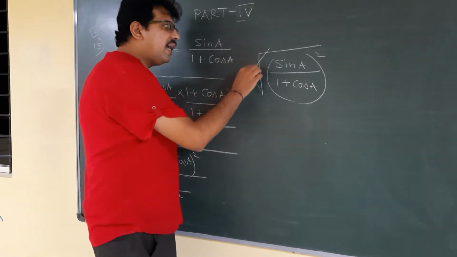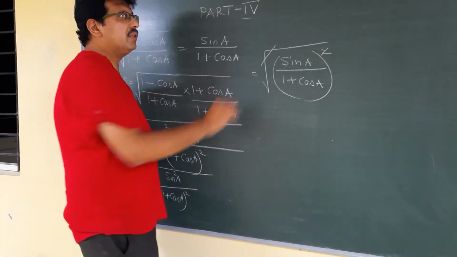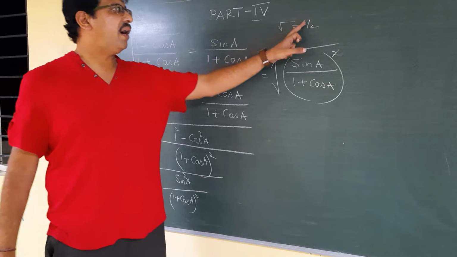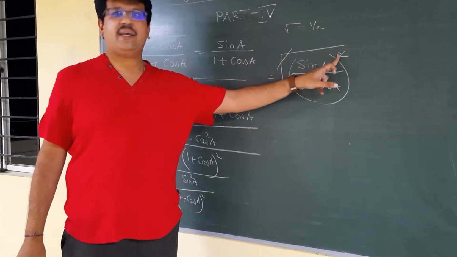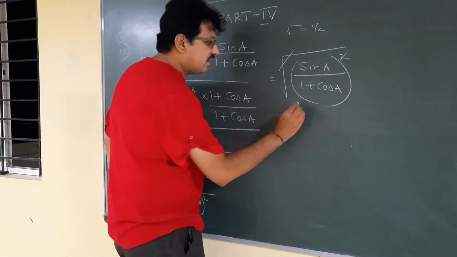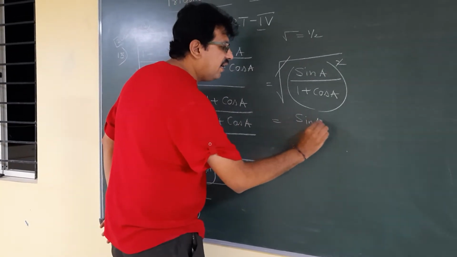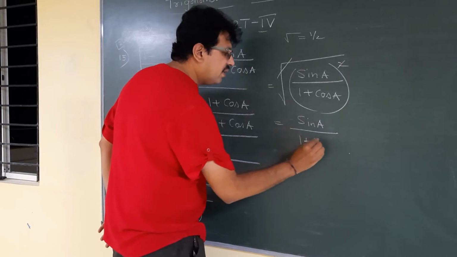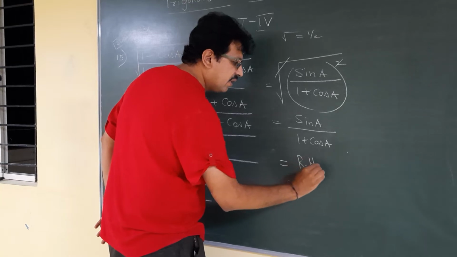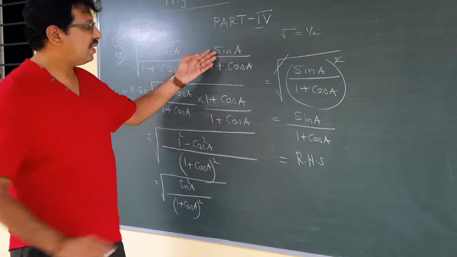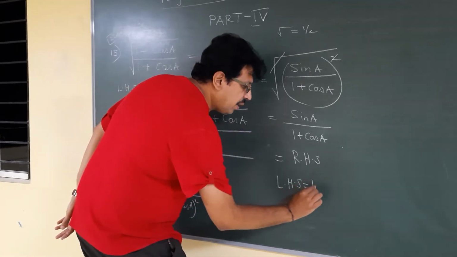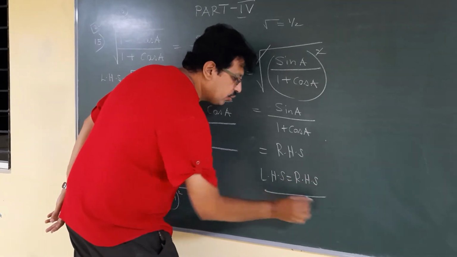So we can easily cancel square root and square, because a square root is nothing but half. Half into 2, both will get cancelled. That's the reason we are cancelling these two. So when we cancel, we get the RHS, that is sin A divided by 1 plus cos A. That's nothing but RHS, so LHS equals RHS. So we have proved it.